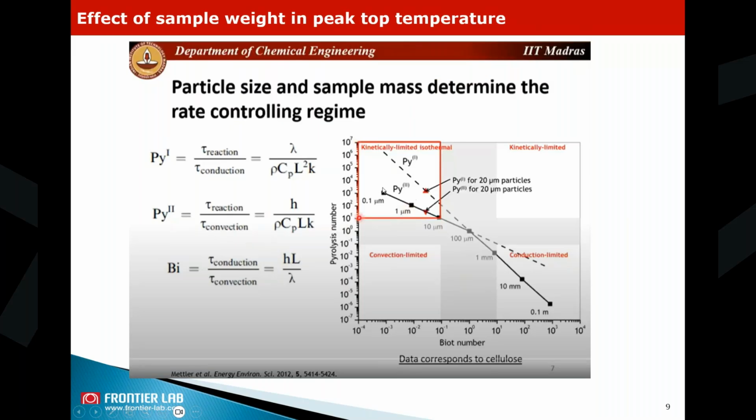To get the best data on this peak top temperature, one has to use smaller size particles and smaller mass sample. In TG, we are not able to use smaller mass. That's why the peak top temperature in TGA is slightly higher, but it is more like a systematic error which can be corrected. Basically, we are trying to explain why this difference, which is basically due to the sample mass that is employed in these two different techniques.